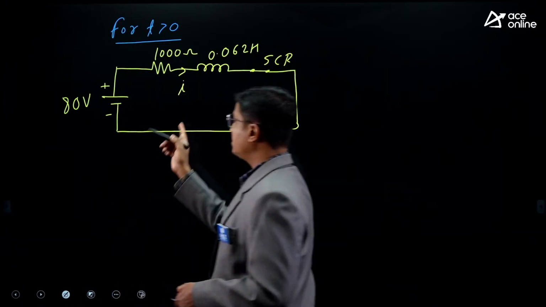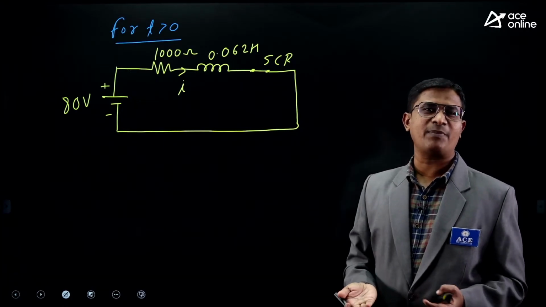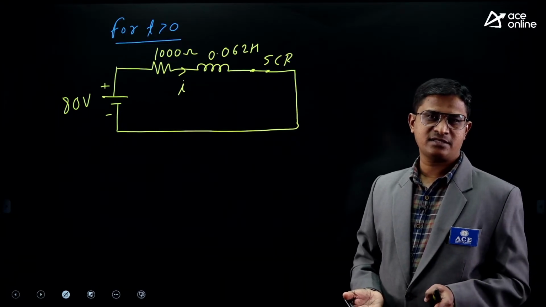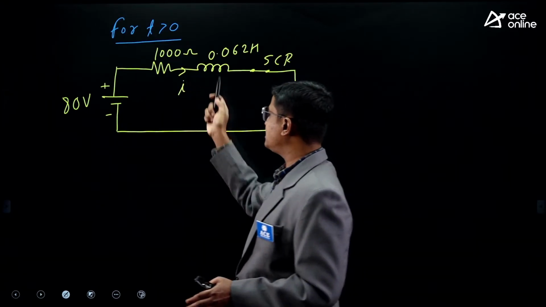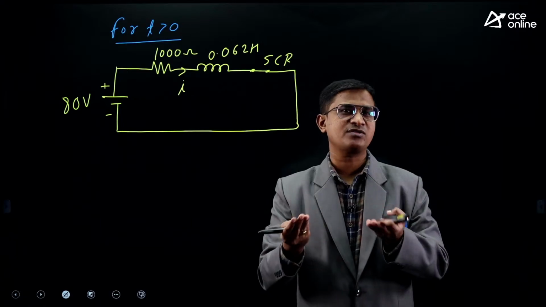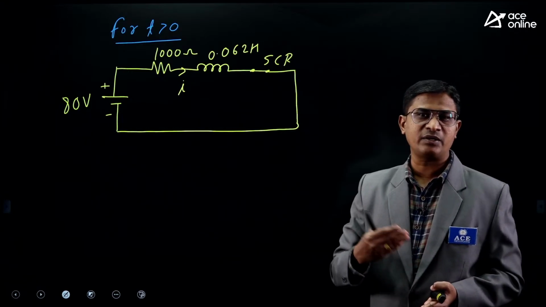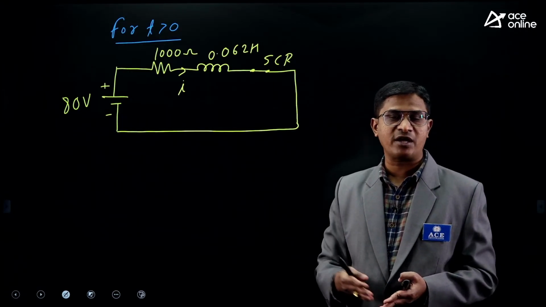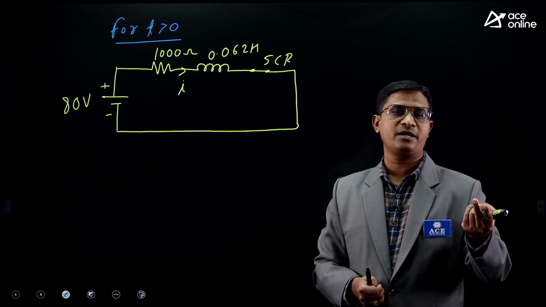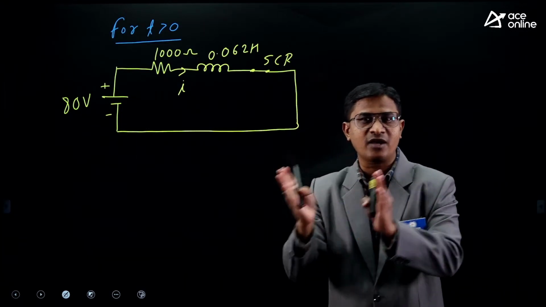Now we need to simplify this circuit. Definitely we can write the KVL equation and simplify using the Laplace transform. But it is simply an RL branch with a DC excitation across it. When a DC excitation is connected across an RL branch, we have a standard current expression. In network theory as well as control systems, you might have come across RL circuits and RC circuits, with DC excitation connected across the RL branch or the RC branch.